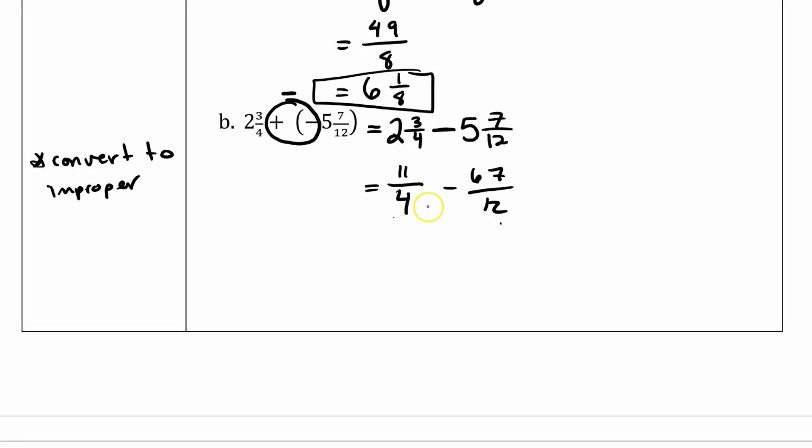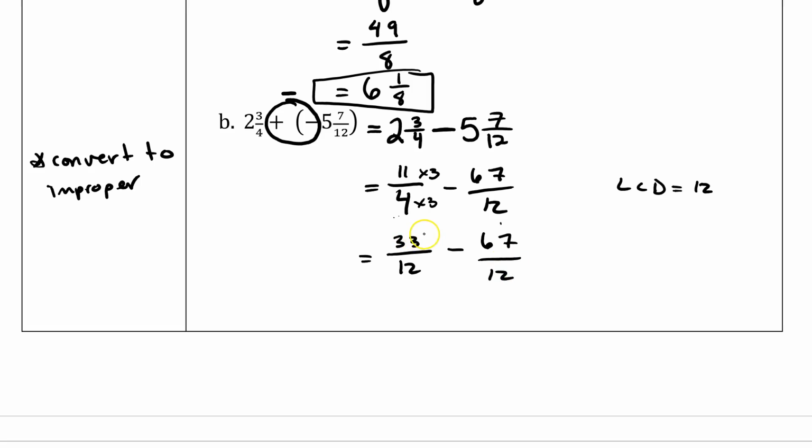My lowest common denominator here is going to be 12. So I'm going to multiply this by 3 and this by 3, and we don't have to do anything to the other one, which is great. So we're going to say 33 over 12 minus 67 over 12.